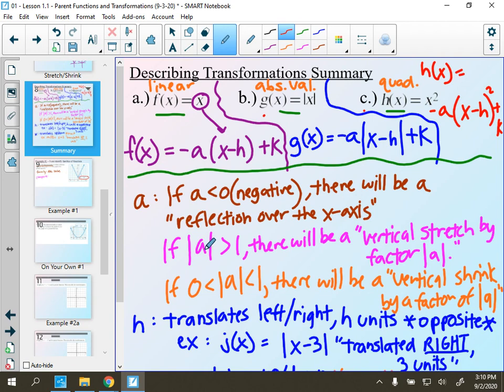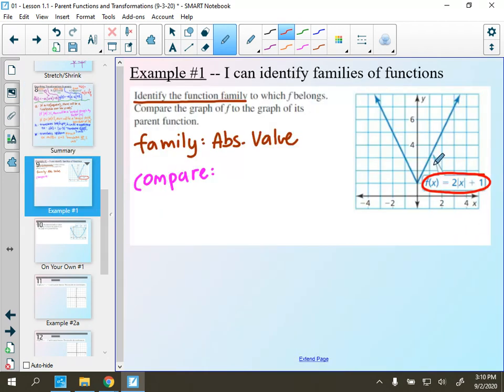It is a number though. Is it greater than 1 or is it between 0 and 1? Well, I see 2 as being greater than 1. So one thing I would want to say is a vertical stretch by a factor of 2. Everything is basically twice the output that it was of the parent function.